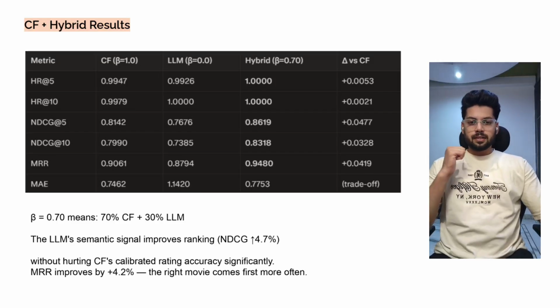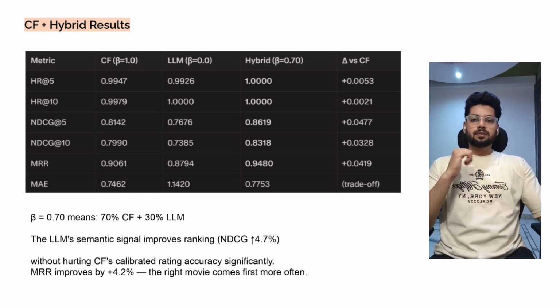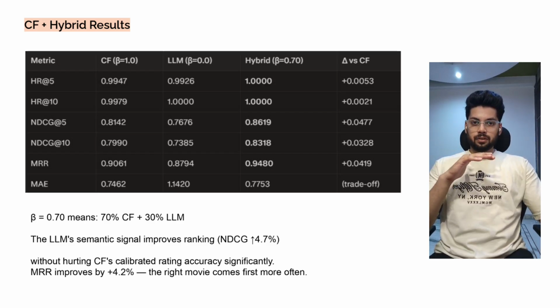Now let's talk about the CF plus hybrid results. If we talk about the CF alone, the NDCG is 0.814 and MRR is 0.906. It has strong ranking performance, but it completely fails for cold start users, and it has no semantic understanding. In the hybrid model, we blend 70% CF and 30% LLM.